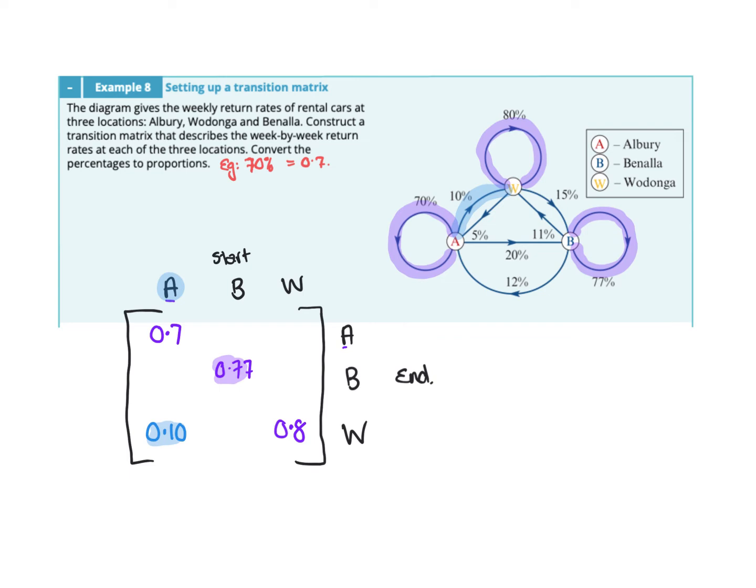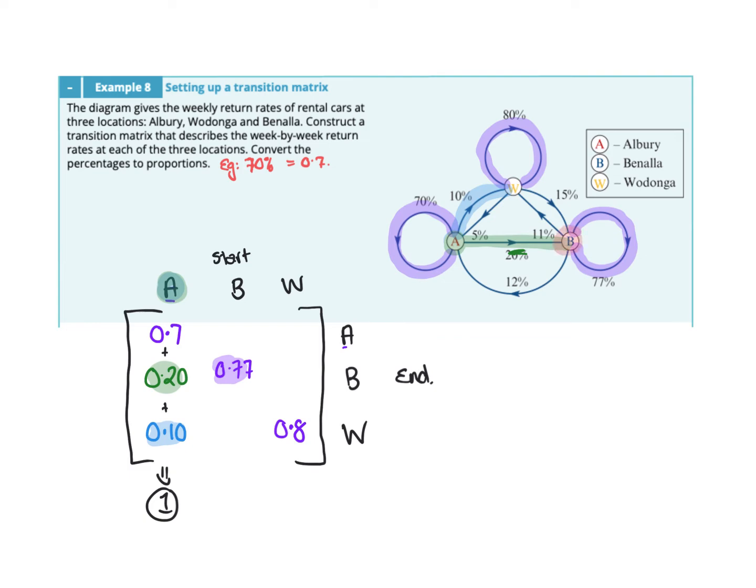Okay, and then I'm going to finish off: start at A and go to B. That's here, and that's telling me that one is 20%. So it's that one in here, 0.20. Now we can see that we have done that correctly, because that adds up to 1. So that's all good.